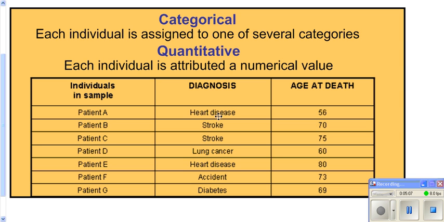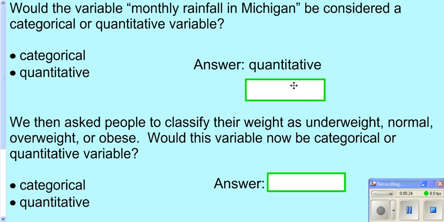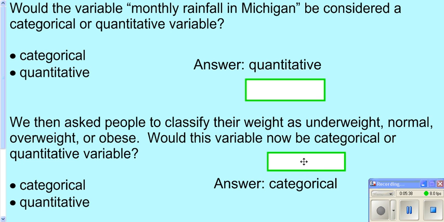And people are going to fall into one of several different categories, so therefore it's categorical data here. When you're looking at monthly rainfall, that's being represented by a number, so it's quantitative. Down below, you're asked to decide if somebody's underweight, normal, obese, or overweight. Since you're dealing with words, it's going to be categorical.